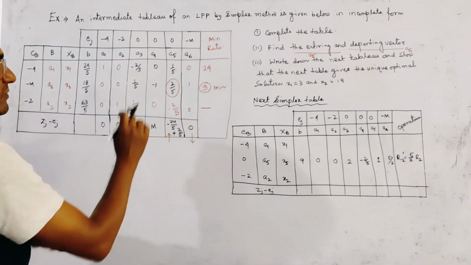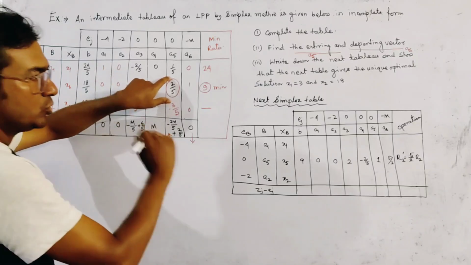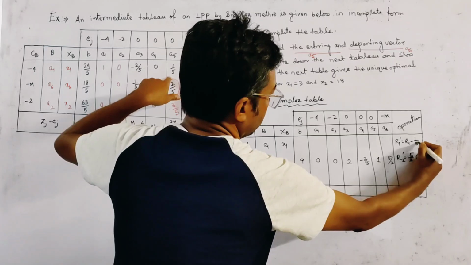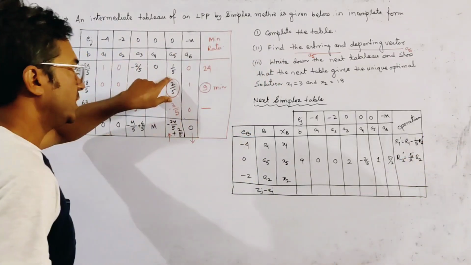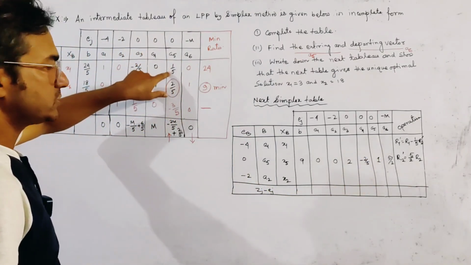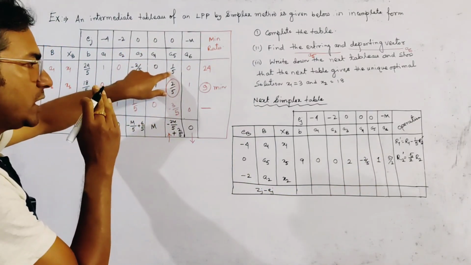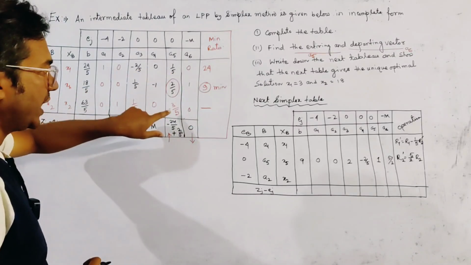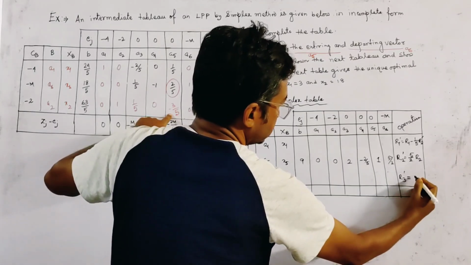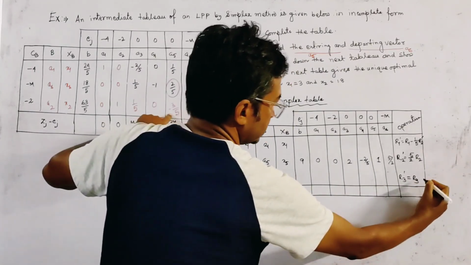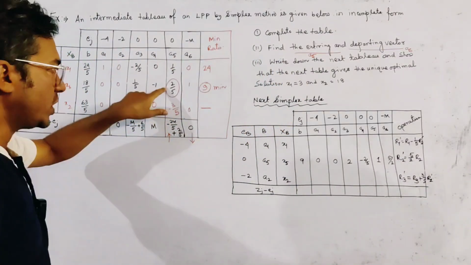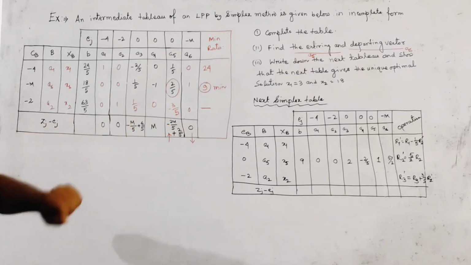And since this is 1 by 5, for the first row we make the operation R1 dash equal to R1 minus 1 by 5 into R2 dash. Clear? Because this is 1 in the new R2, we have to zero this element. For the third row we make the operation R3 dash equal to R3 plus 3 by 5 into R2 dash, because this is 1 in the new R2 and this is minus 3 by 5.